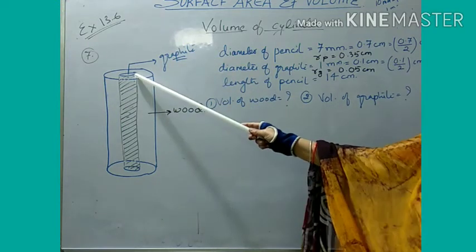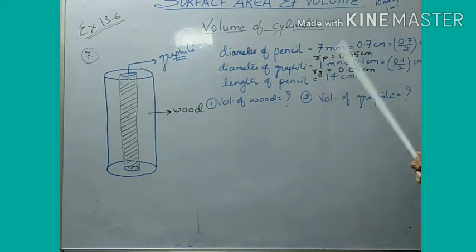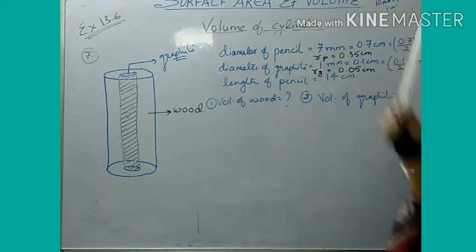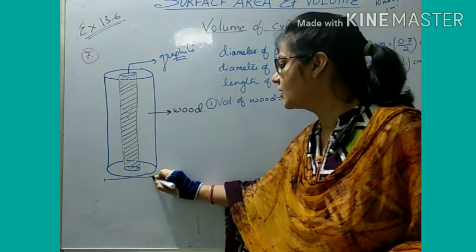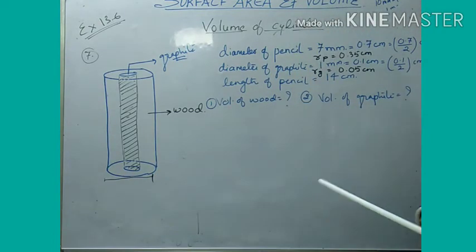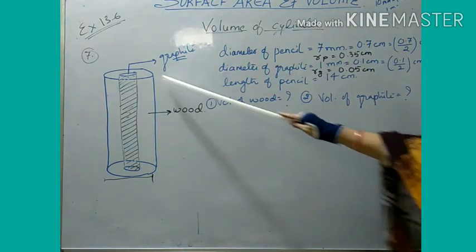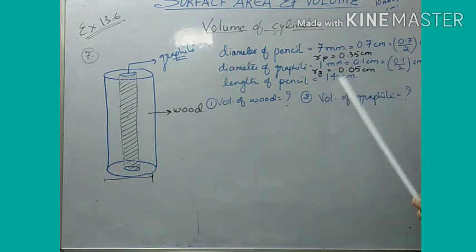Now what is given to us? The diameter of the pencil is 7 millimeter. Diameter of the pencil means this. Diameter of the whole pencil is 7 millimeter, and the diameter of the graphite is given as 1 millimeter, while the length of the pencil is given as 14 centimeter. Now this is in centimeter.